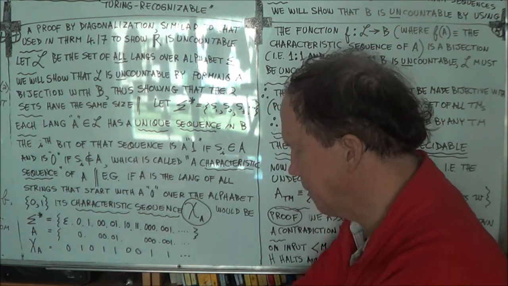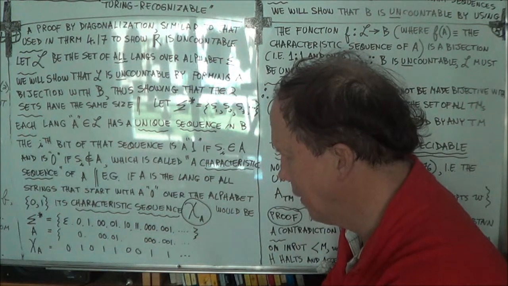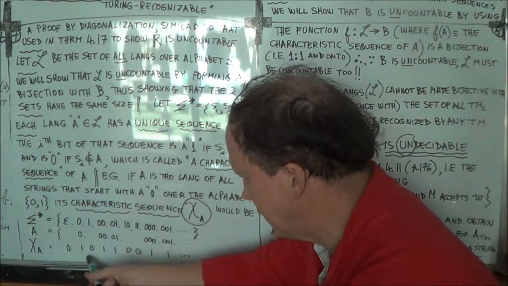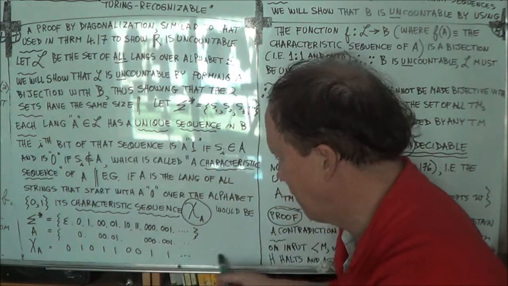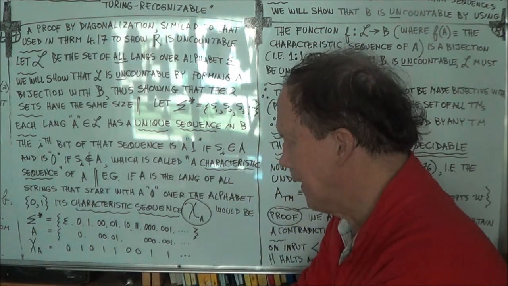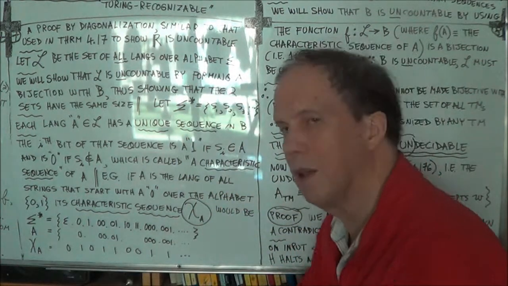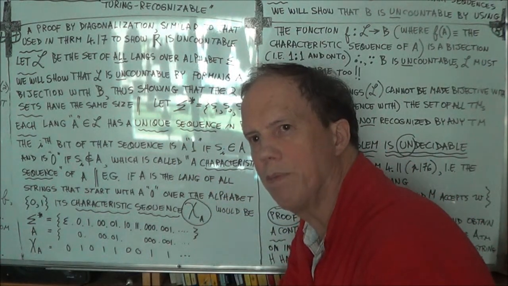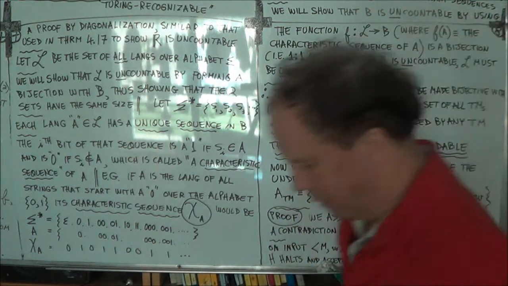So you can map. Now this is an infinite sequence. I'm thinking in real time here, because I've got to tie this up with B somehow.